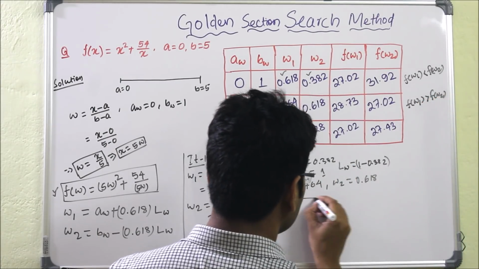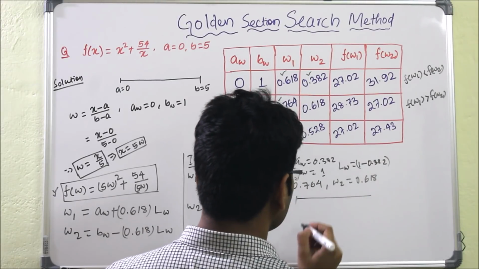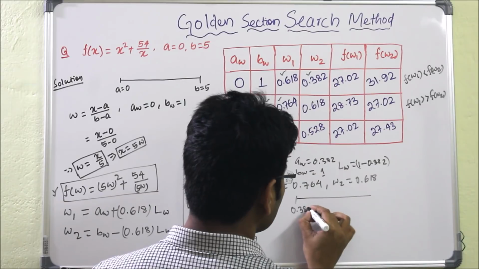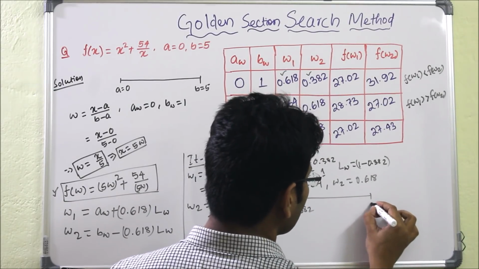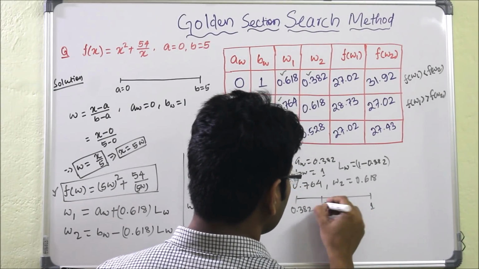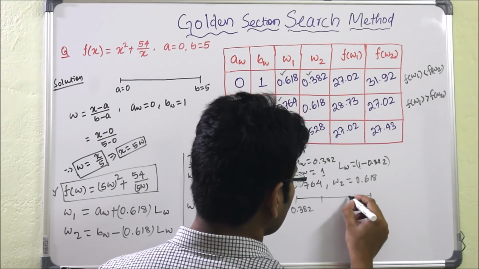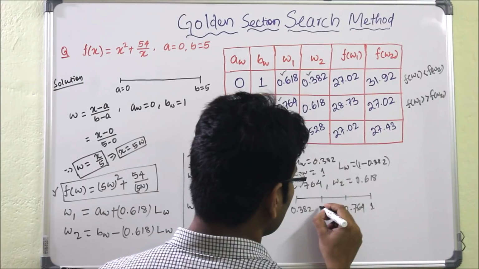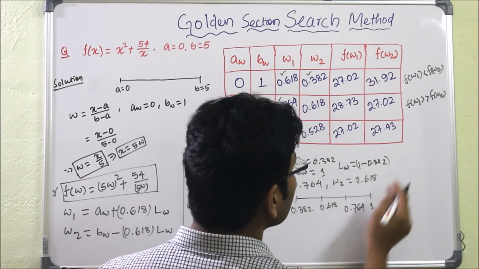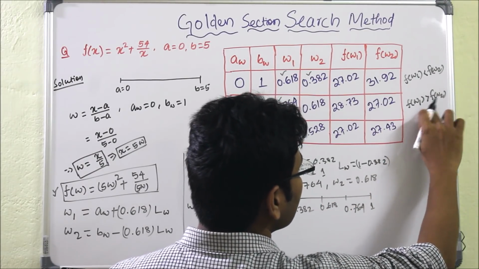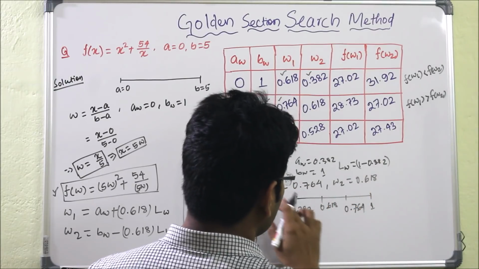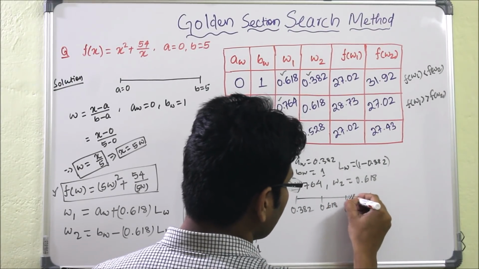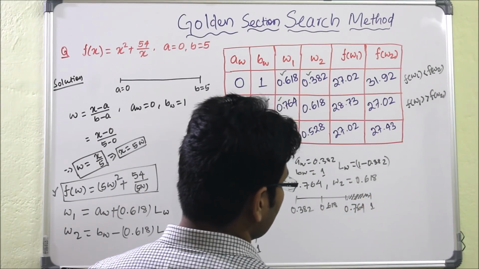If I draw the number line, this is aw 0.382, this is bw 1, and w1 is 0.764, and w2 is 0.618. We saw that f of w1 is greater than f of w2, so at this point the function value is more, and we have to cut this region.